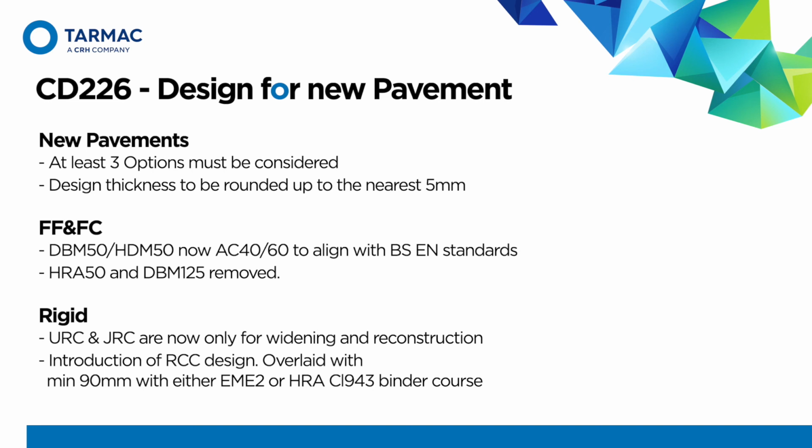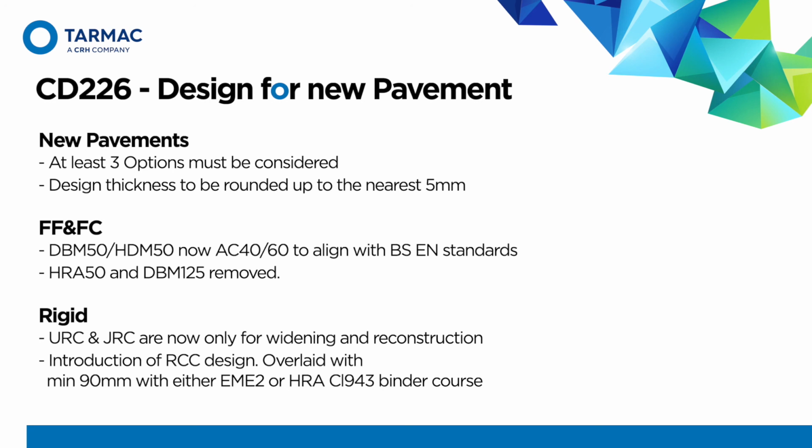What are the additional new updates or new requirements? For design for new pavement, there is a requirement now to provide at least 3 alternative options. Also, the design thickness is now rounded to 5 mm rather than 10 mm previously.